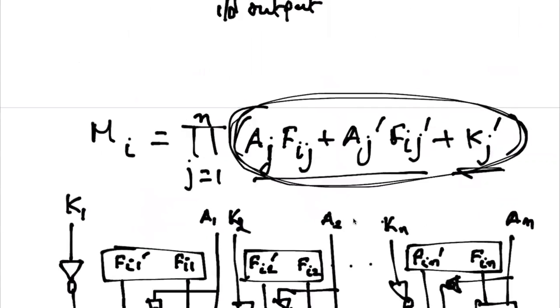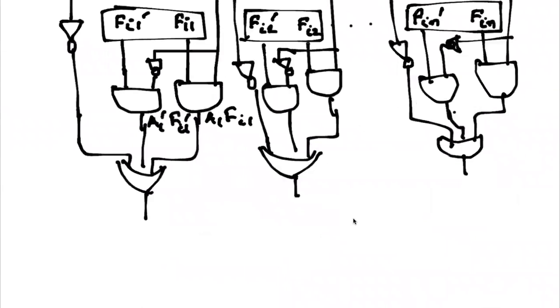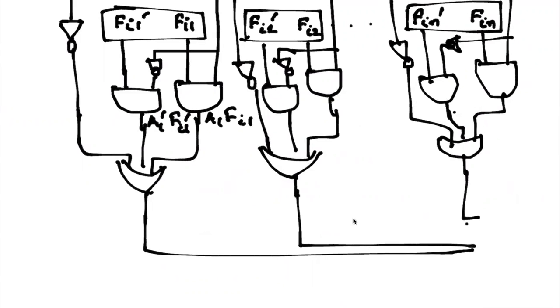We have to take the product of all of this, which means the AND of all of this. So I take the AND of each one, all the ones in between, and you have an AND of this. What does this give me? This gives me my Mi.